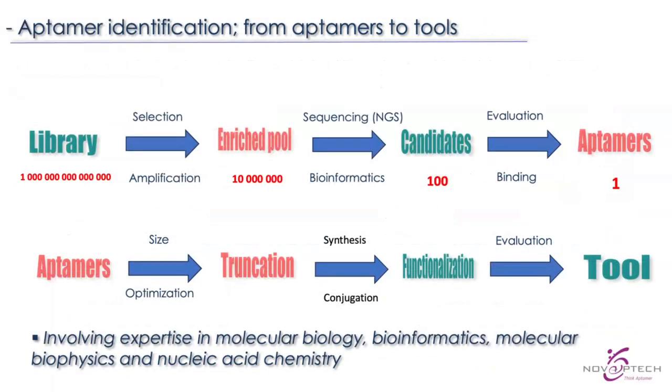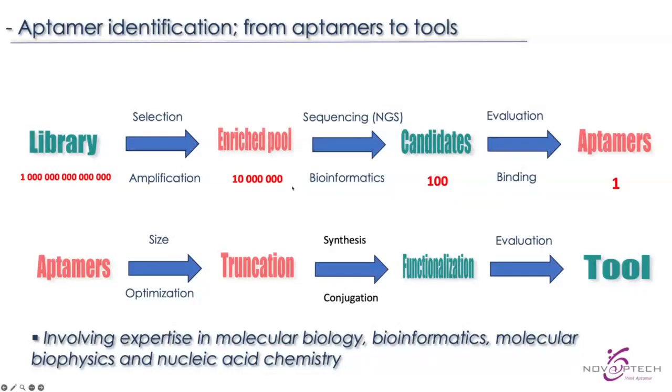So this is a very long process when we have to run from this library that contains something like 10 to the 15 different sequences to a tool that will be adapted to a function. In this case, the detection of the influenza virus. So at first step, as I mentioned, we get an enriched pool that contains something like 10 million different sequences.